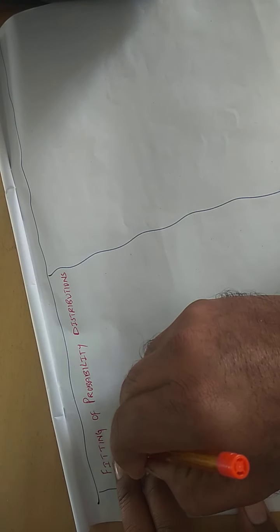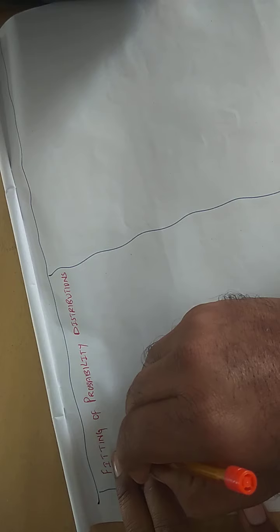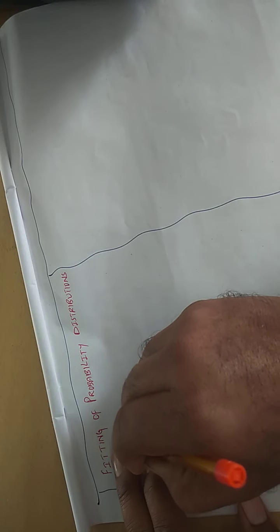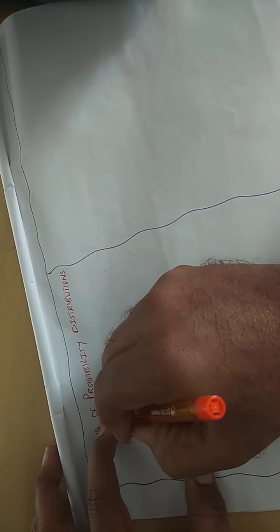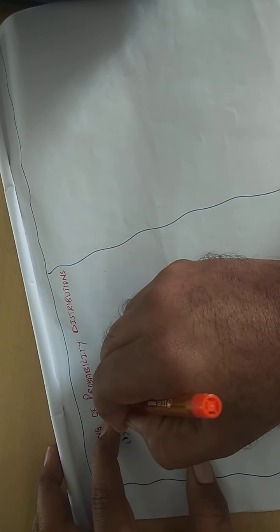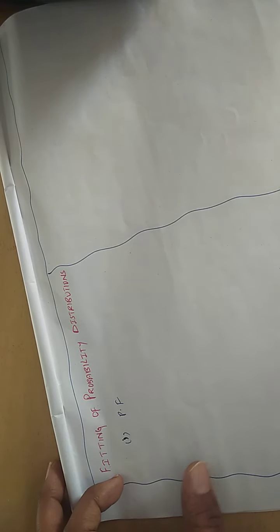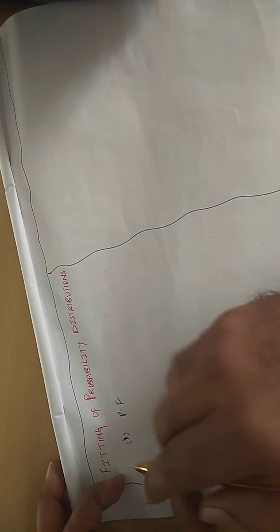In fitting of probability distributions, two steps are there. Step 1 is to identify the fitted probability function, that is the probability formula, probability mass function or probability density function.